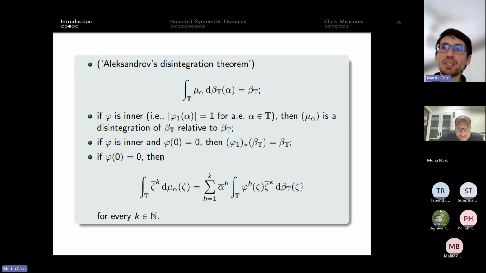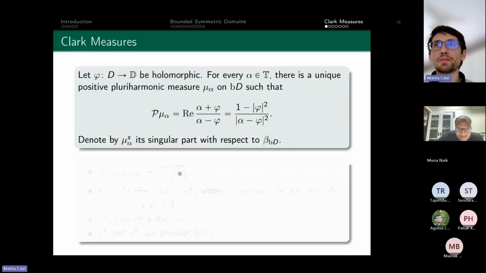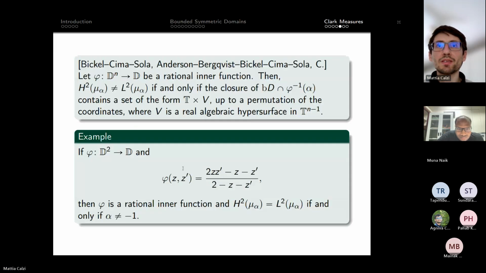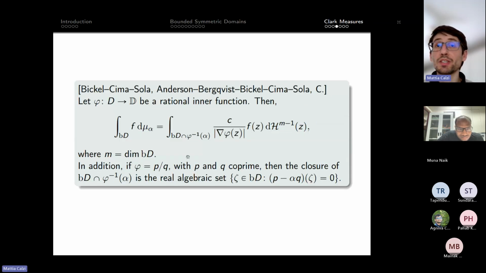In the case of the polydisc, there are some non-trivial examples, for instance, because you have this description here. But one may provide more examples. In the case of the ball, there are no rational inner functions, so this gives no information in the case of the ball.